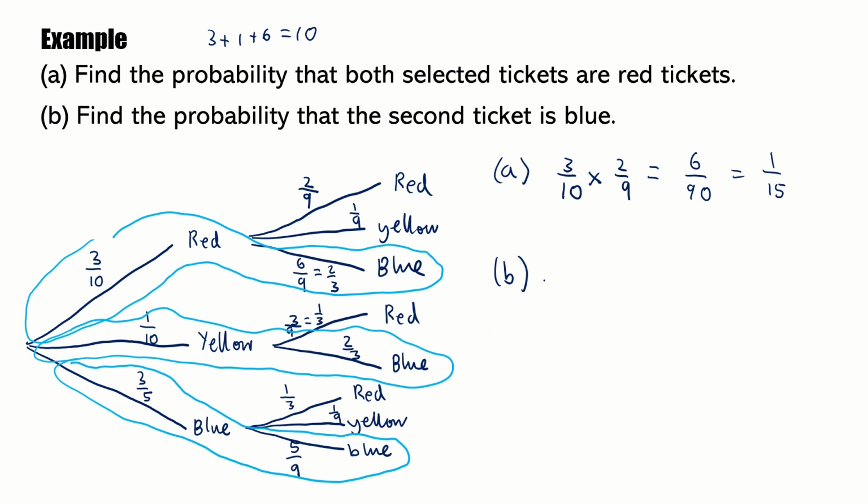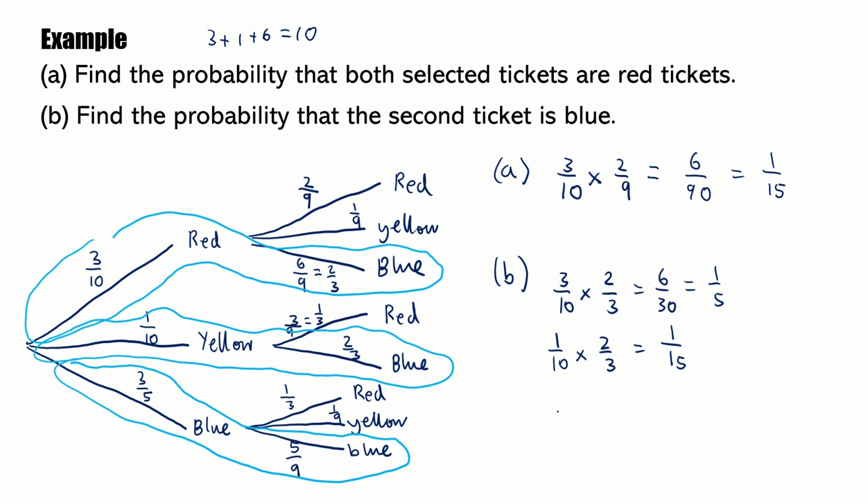So therefore the first option is red and blue, so therefore 3/10 times by 2/3 by following along the options on that branch. That will get us 6 out of 30, which is of course just 1/5. We then have for the second combination, yellow first, followed by blue, which is going to be 1/10 times by 2/3, which of course would simplify to 1/15.